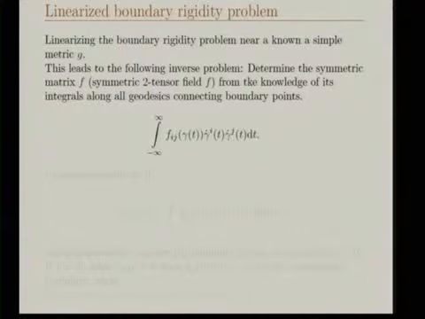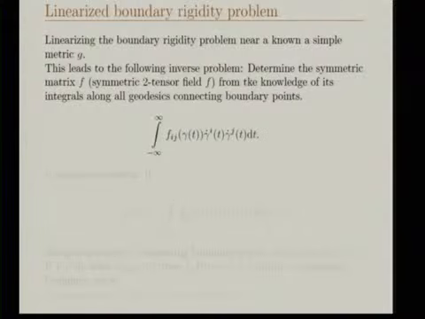So what you have here is the following. If you linearize it, you have the integral of some symmetric 2-tensor field along geodesics connecting boundary points. I assume that f is 0 outside, so I can go from minus infinity to plus infinity. Don't bother about the limits. So linearizing the boundary rigidity problem leads to the determination of f, a symmetric 2-tensor field.